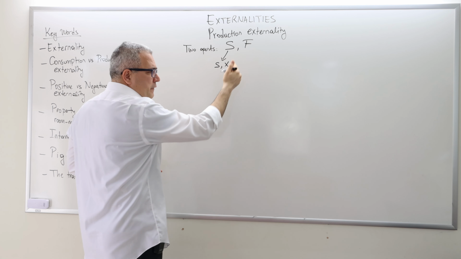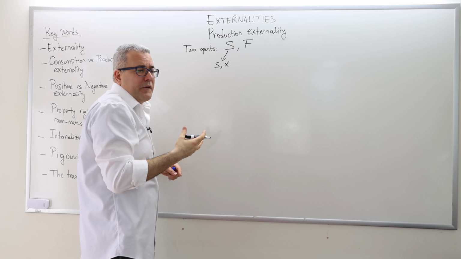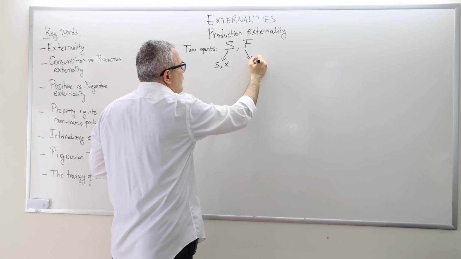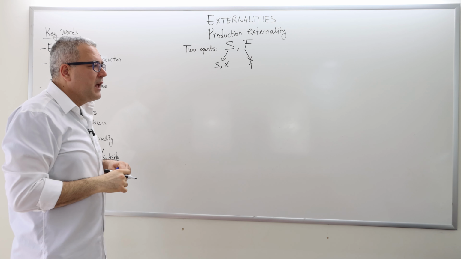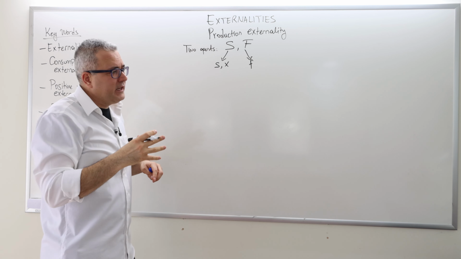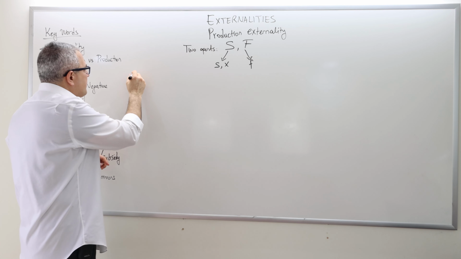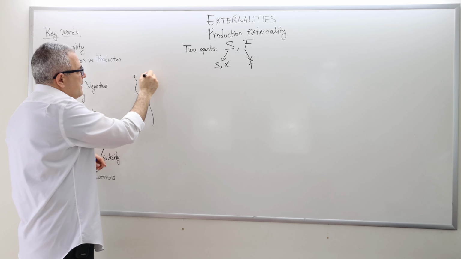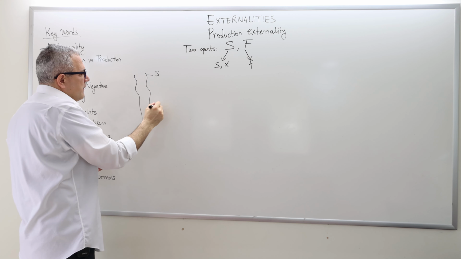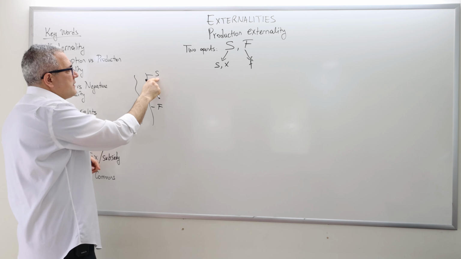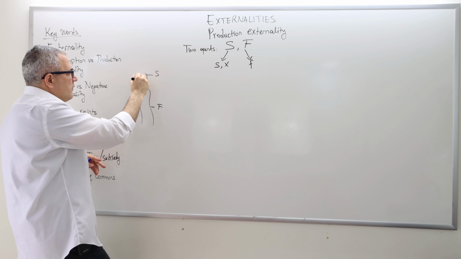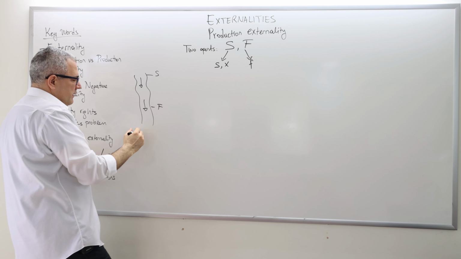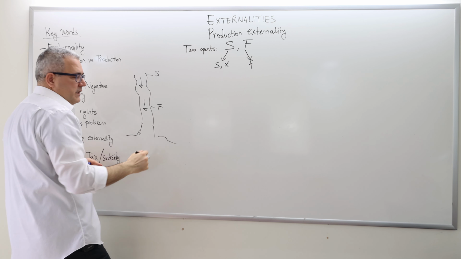The firm F, the fishery, produces fish. The number of fish it produces is going to be denoted by small f. And the fishery is located downstream. So there's a river, all right? So the steel company is here and the fishery is here. The steel company dumps the polluted water, then there's a lake or sea, whatever.